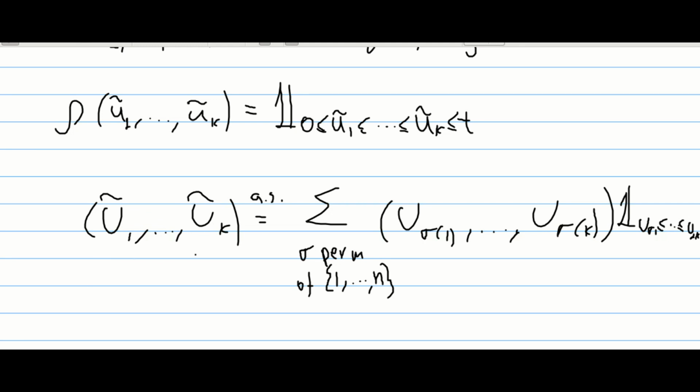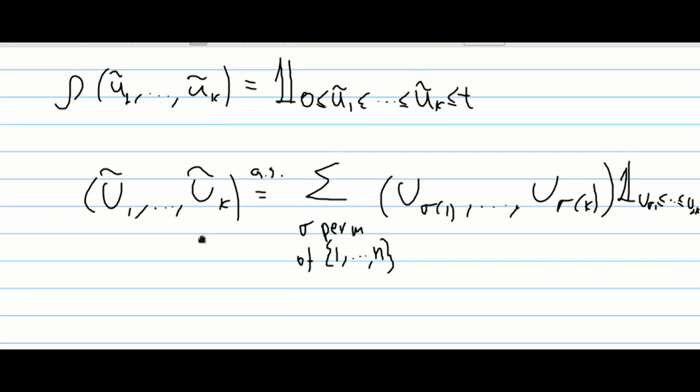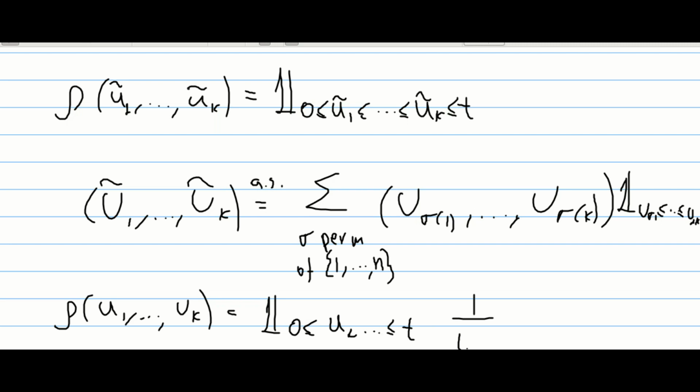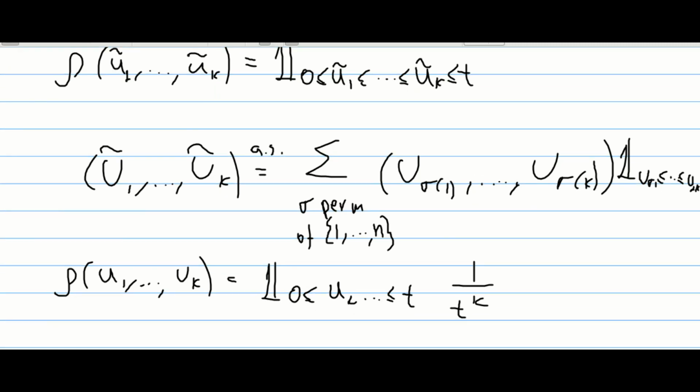So what's the density of these guys? We know the density of these guys. So the rho of u1 up to uk is the indicator that all of them, they don't need to be in order, but all of them need to be between 0 and t. And then it's just 1 over t to the k. That's the distribution of the unordered pair.